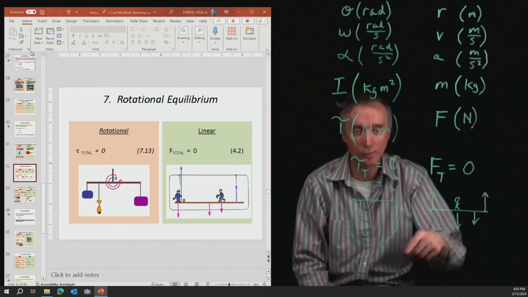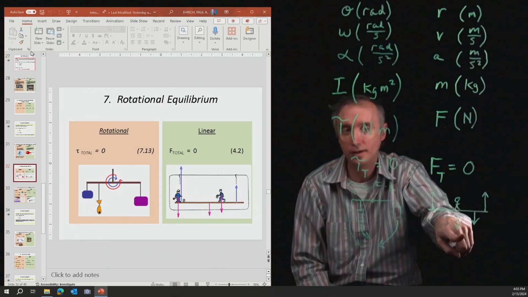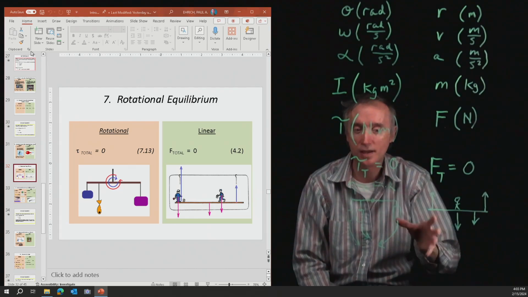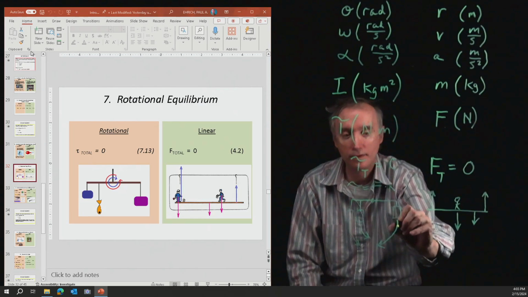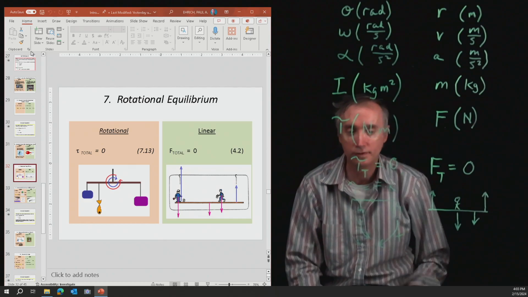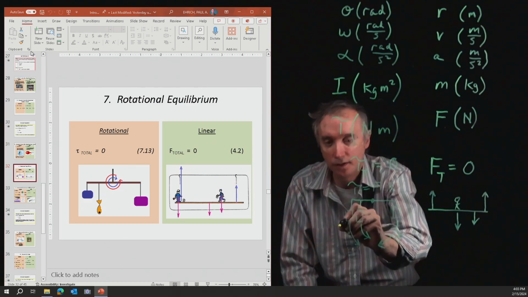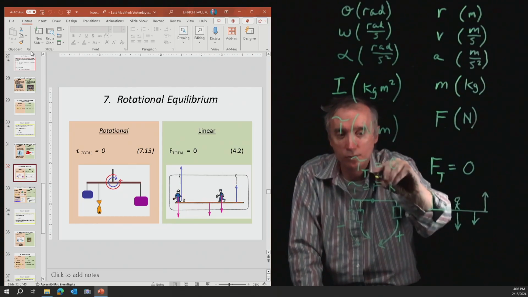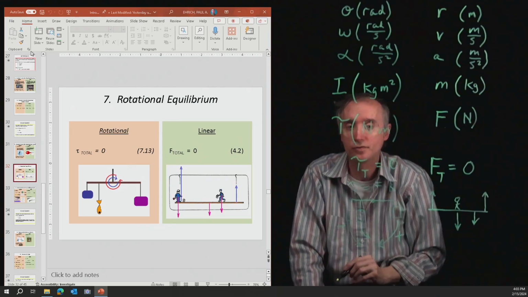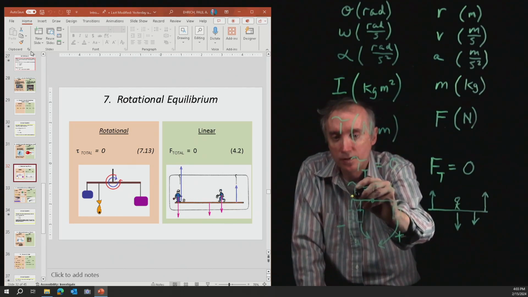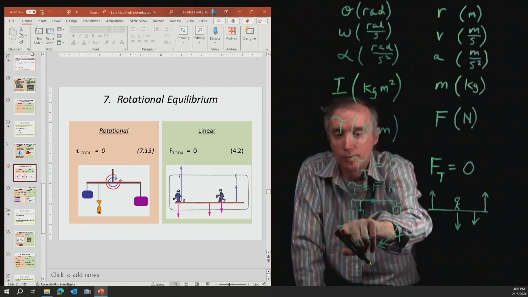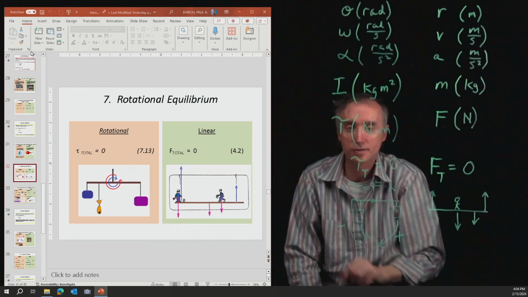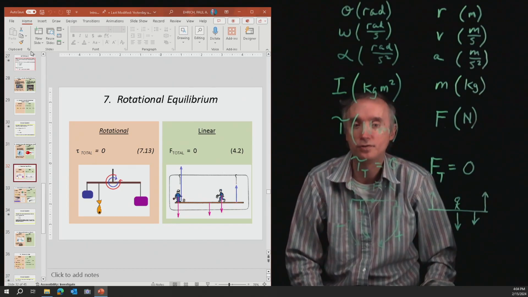In the same way we said down is negative and up is positive, let's just say for the sake of argument that this is positive and this is negative. If it makes it want to rotate in this way, that would be a positive torque. If it makes it want to rotate this way, that would be a negative torque. It makes no difference. If you want to call this negative and this positive, it's perfectly okay to do that.